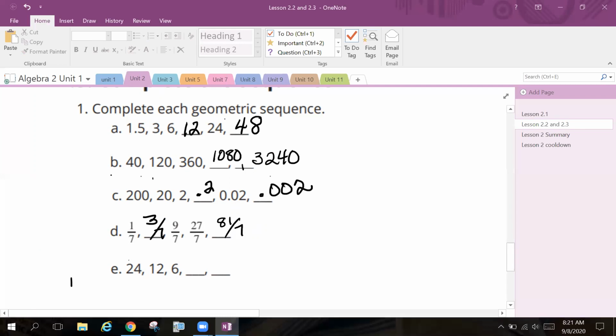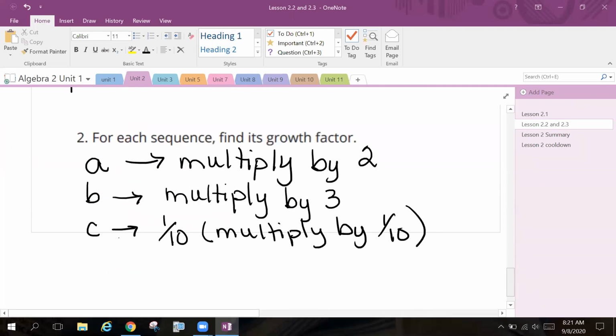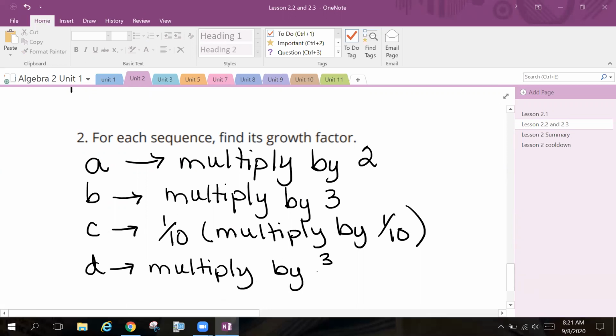Okay, so now when you think about what was its growth factor, what's happening each time? Multiply by, actually, yes, multiply by 3 over 1. Because the denominator's not changing, is it? No, the numerator's the only thing that's changing. So you could say multiply by 3.